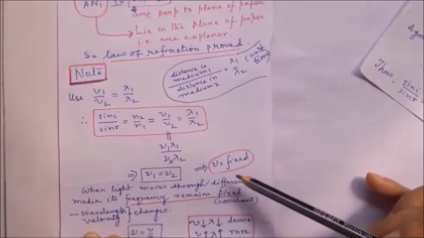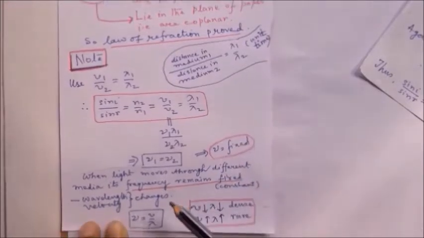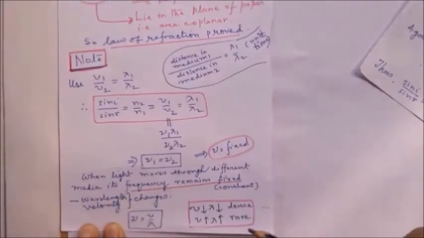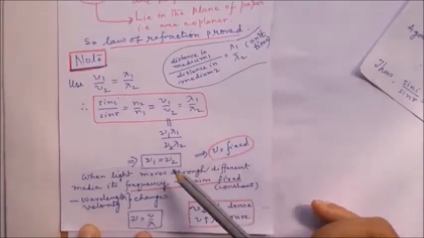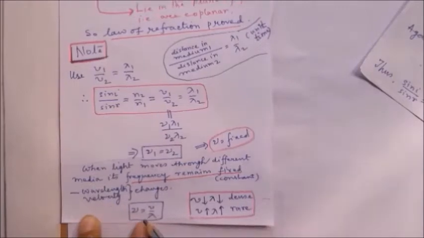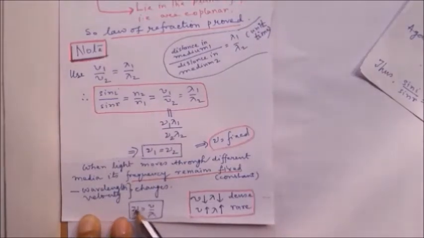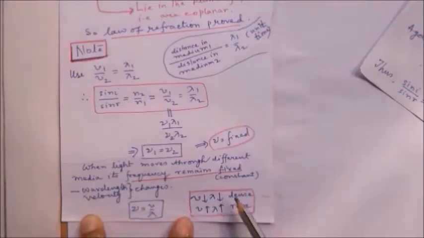This is a very important result: when light moves through different media, its frequency remains fixed. From this relation it is very clear that to keep nu fixed, the things that will change are v and lambda. If v and lambda both decrease, which happens in a dense medium, or both increase, which happens in a rarer medium, it is all to keep the frequency fixed.